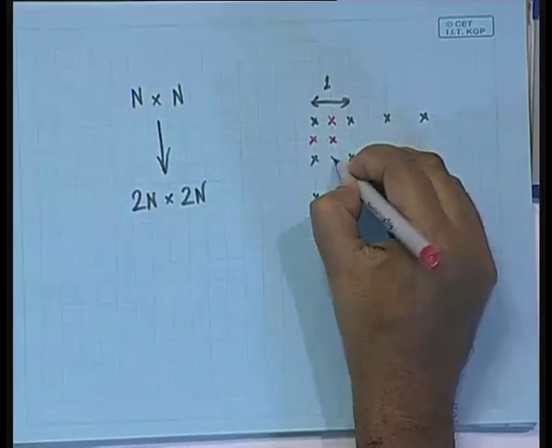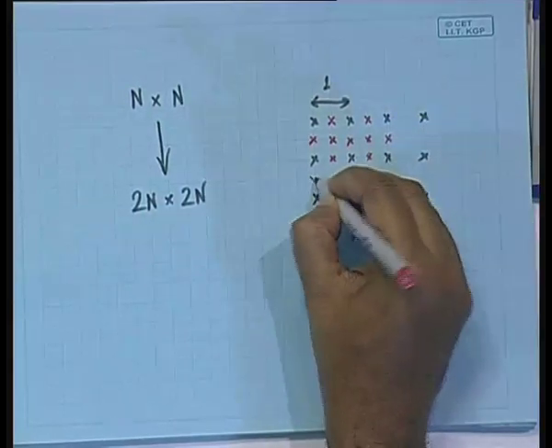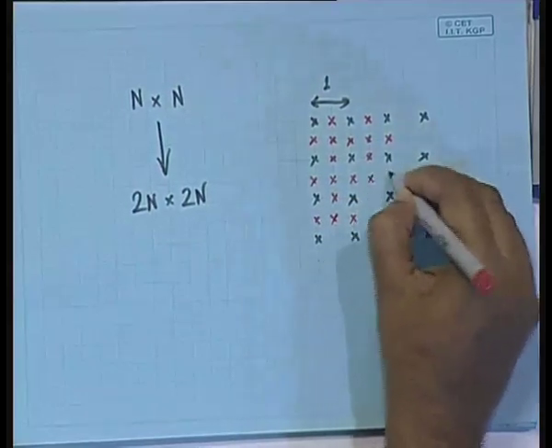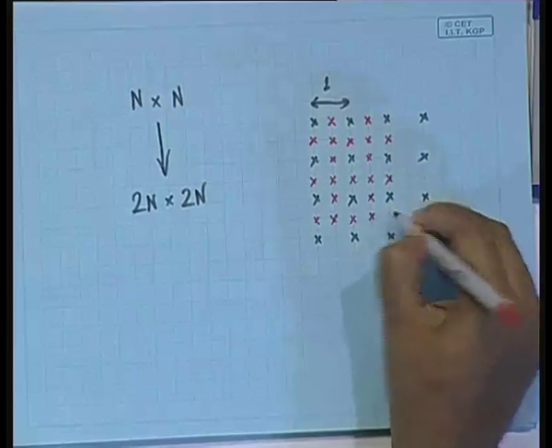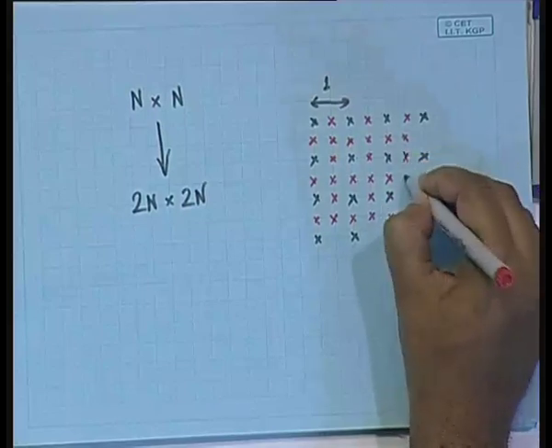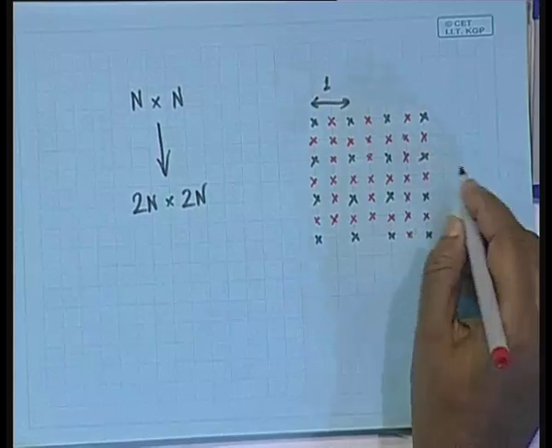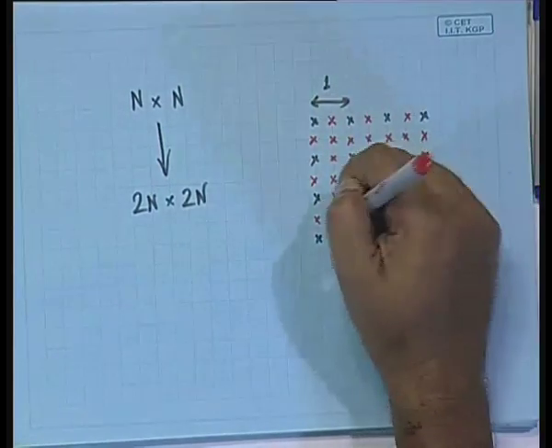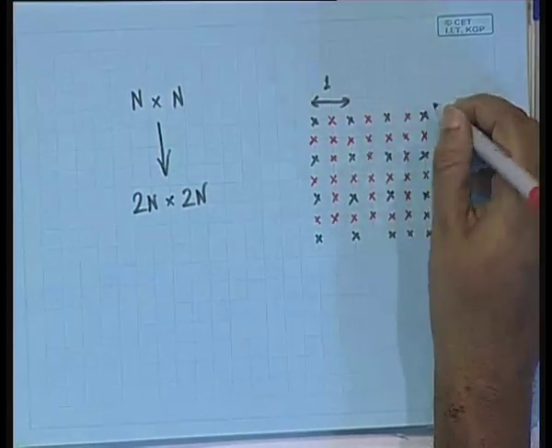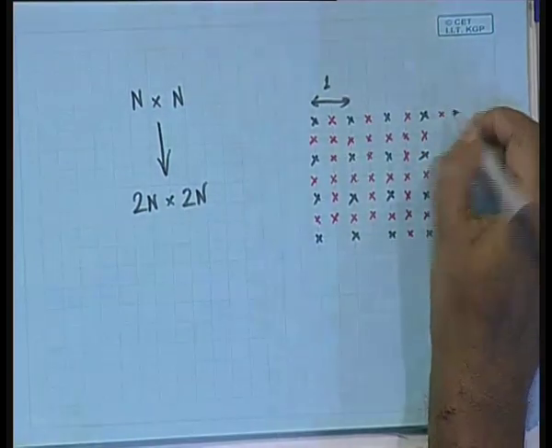So, all that I am indicating by red, these pixels can be interpolated. You see, the original image was a 4 by 4 image, but the interpolated image is 8 by 8. In fact, there will be some black pixels even here also.